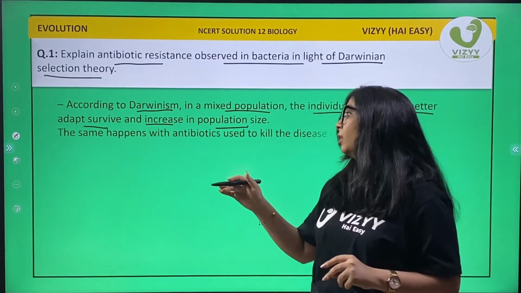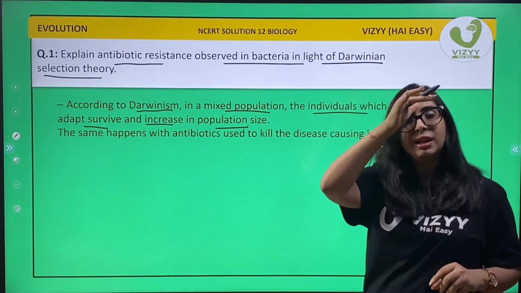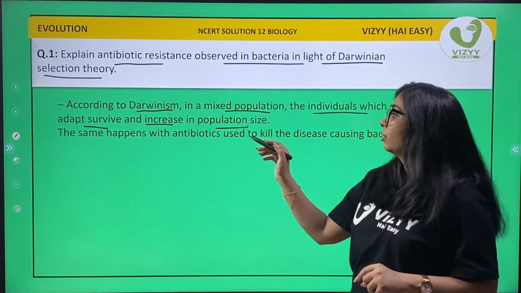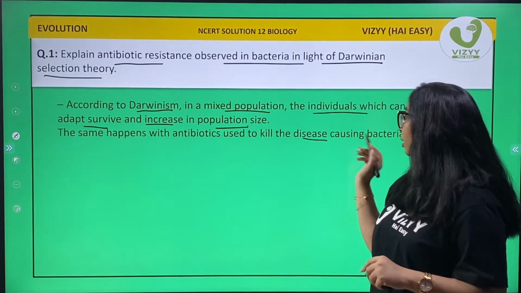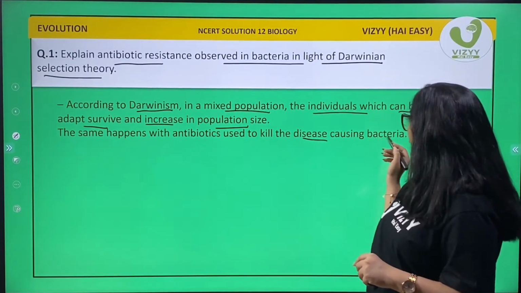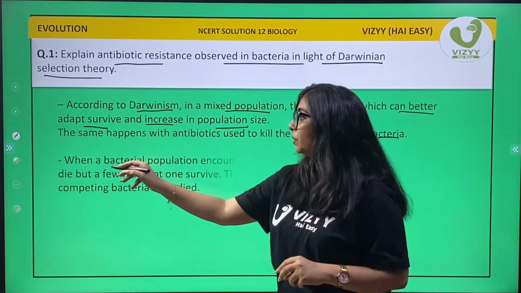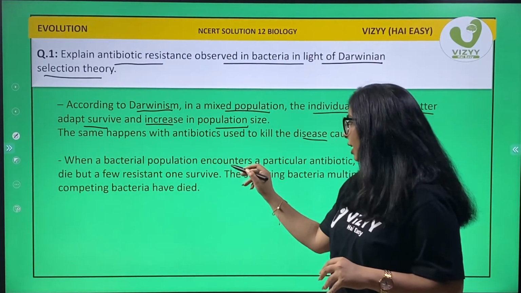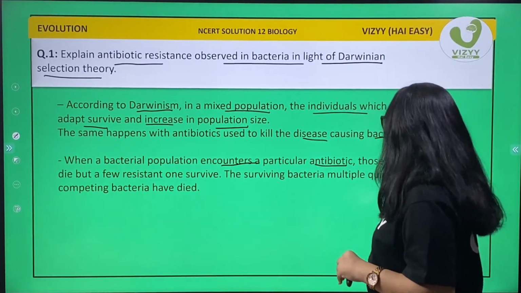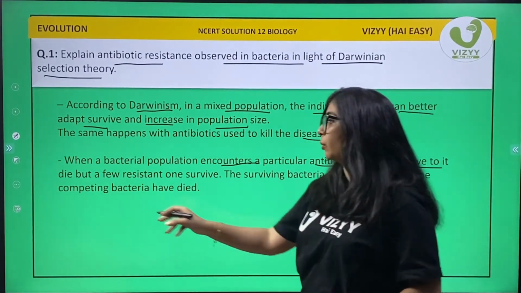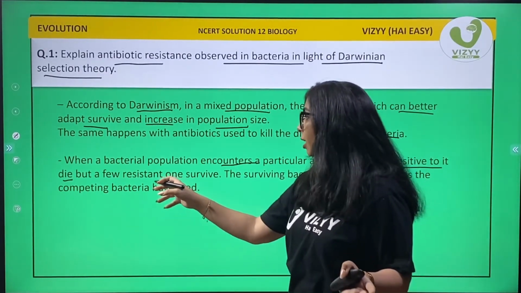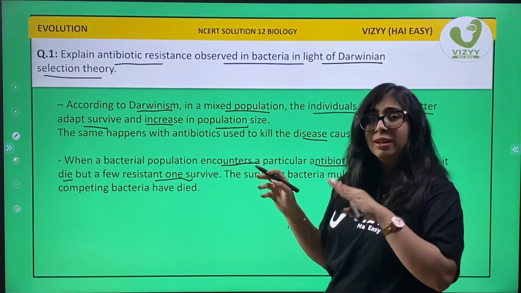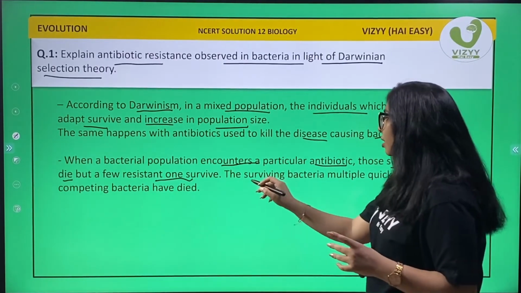Now, the same thing happens with antibiotics. Antibiotics are used to kill disease-causing bacteria. When a bacterial population encounters a particular antibiotic, those sensitive to it will die, but a few will resist it and survive.